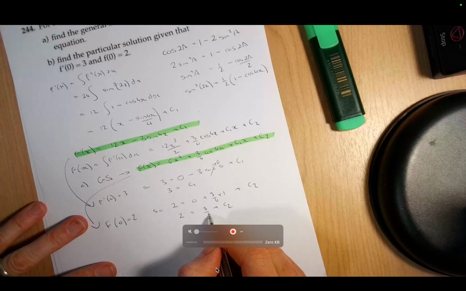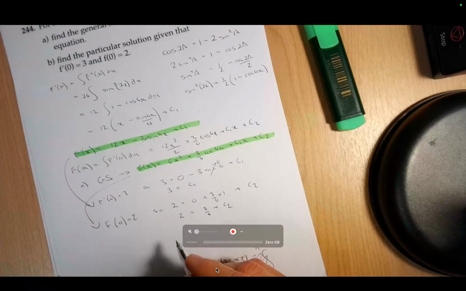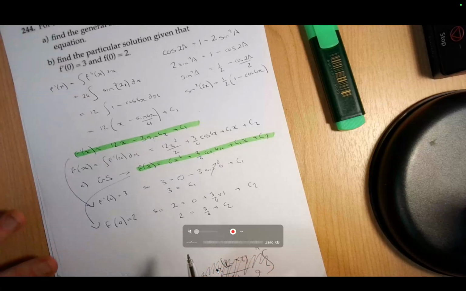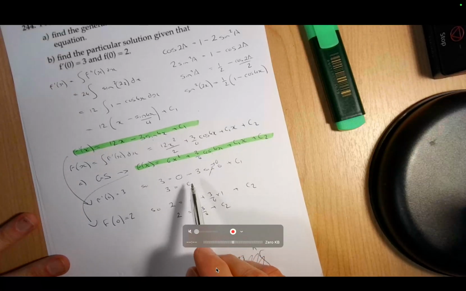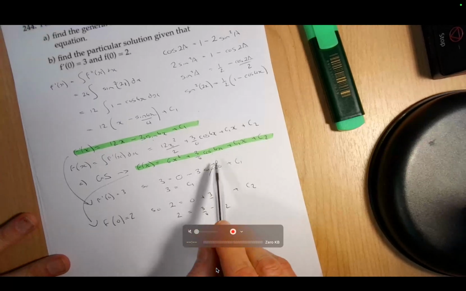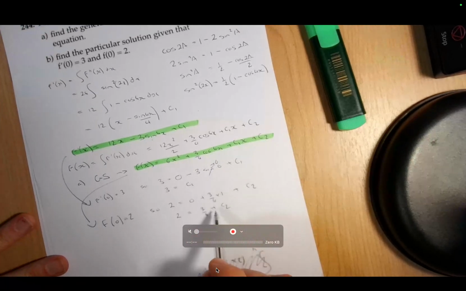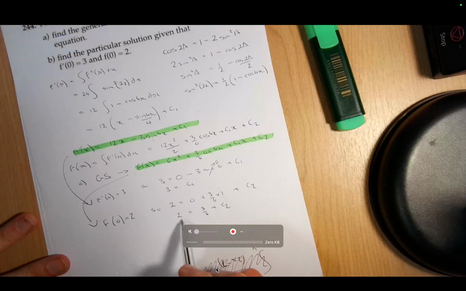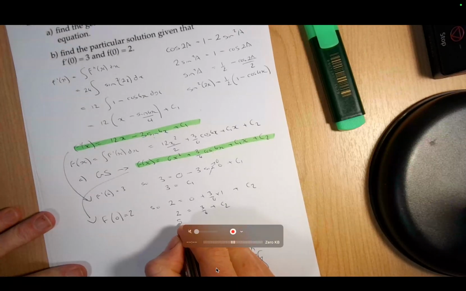And that is, just checking to see I've got the correct answer. 2 is like saying 8 over 4.